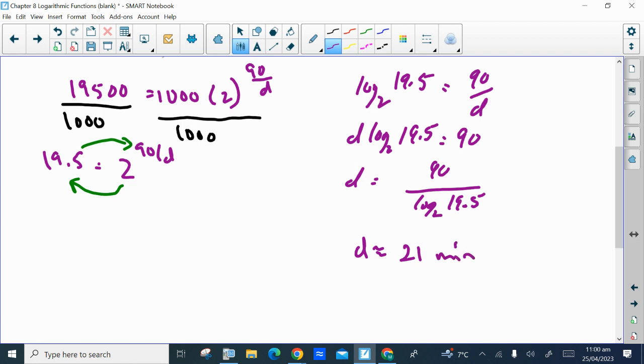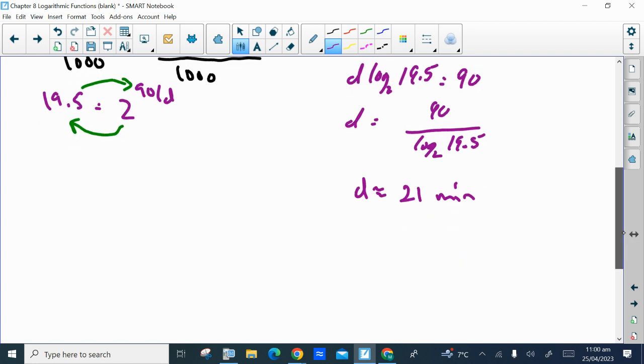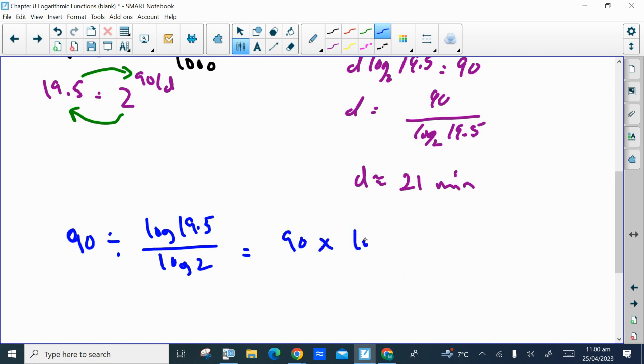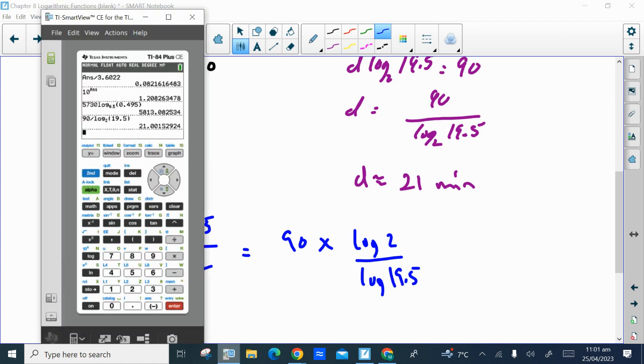If you don't have the newer operating system and you need to use a change of base identity, it would be 90 divided by log of 19.5 over log 2. So you're dividing by a fraction, which means you could multiply by the reciprocal. You could put it in your calculator that way.